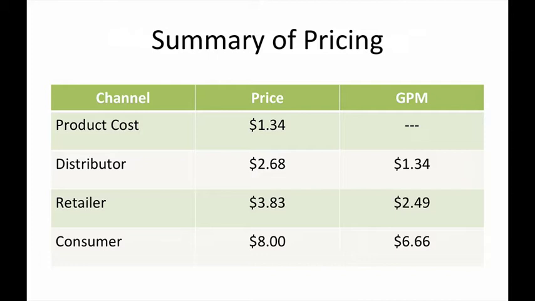On the right is your gross profit margin when you sell to each channel. So you make $1.34 per unit when you sell to a distributor. You make $2.49 when you sell to a retailer. And when you sell direct to a consumer, you make $6.66 a unit. This is why people start at farmers markets, because you can get the biggest margin and the biggest bang for your buck.